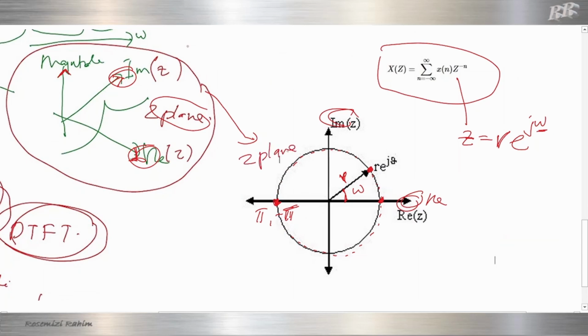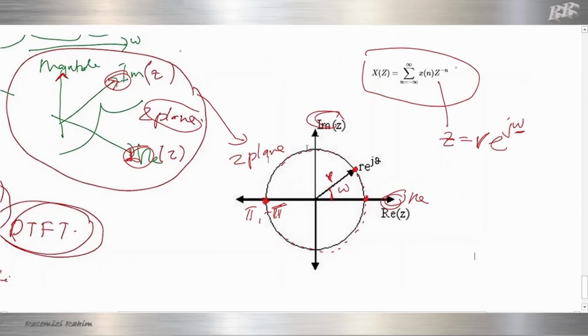It is the same as the Laplace transform, where we have the s plane. From this equation, we can get the roots, the zeros and poles. Let's say we get a pole. This pole is located in the z plane.